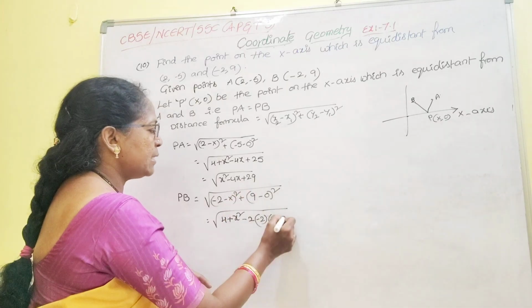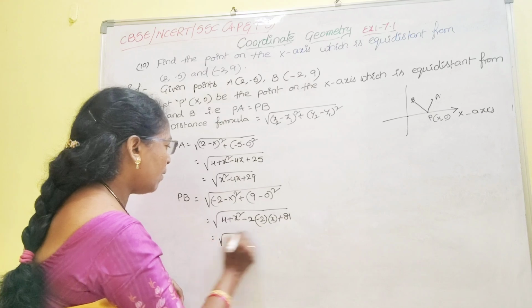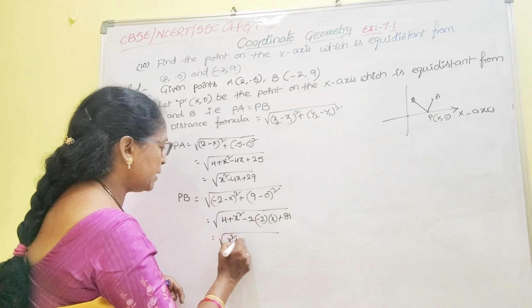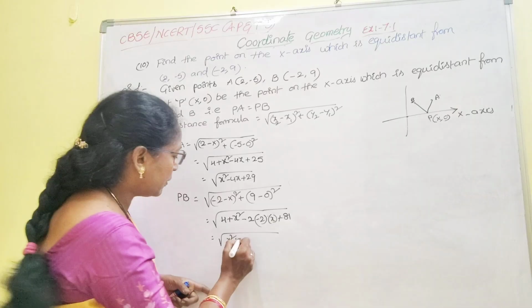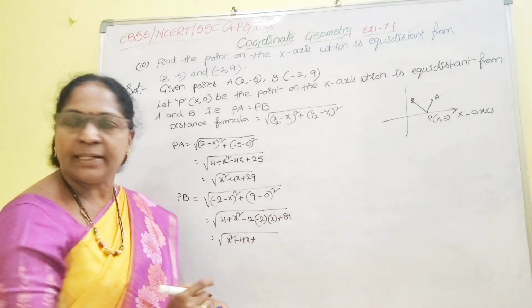Plus 9 square, where 9 square is 81. So the square root of x square plus 4x plus 4 plus 81, that equals 85.